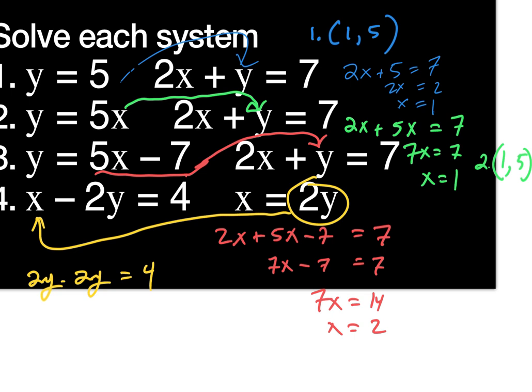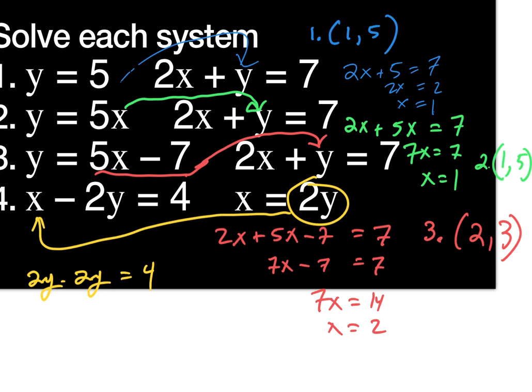In number 3, 2, 3, because this x goes back into this equation. It's the red stuff that I'm working with there. 5 times 2 is 10, and then 10 minus 7 is 3.